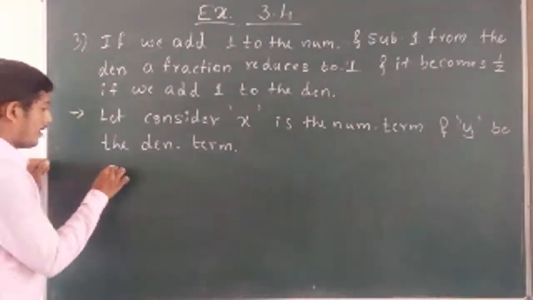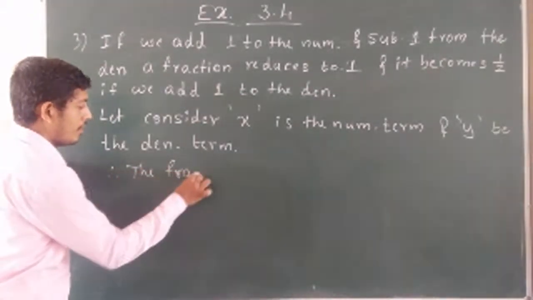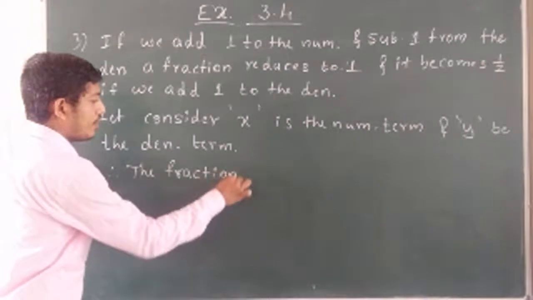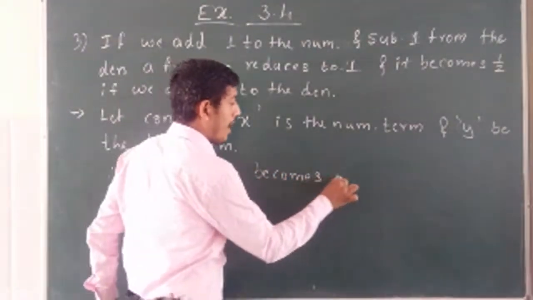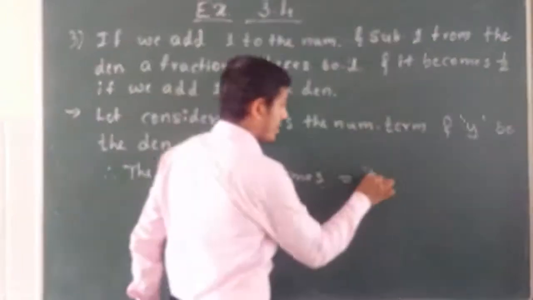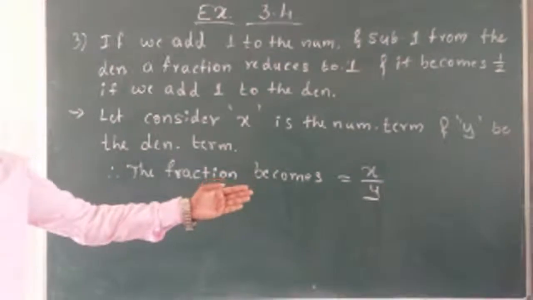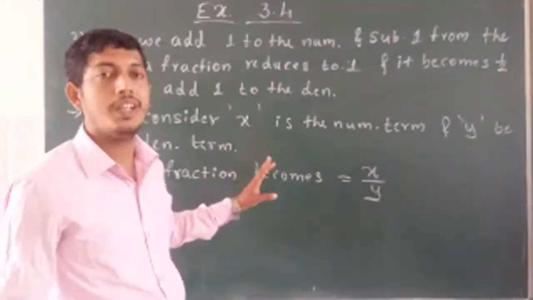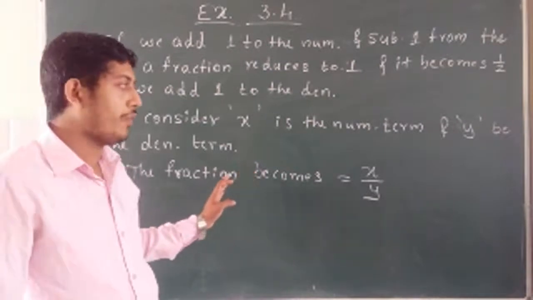Therefore, the numerator term is x and the denominator term is y, so the fraction is x divided by y. So now we have assumed the fraction, that is x divided by y.